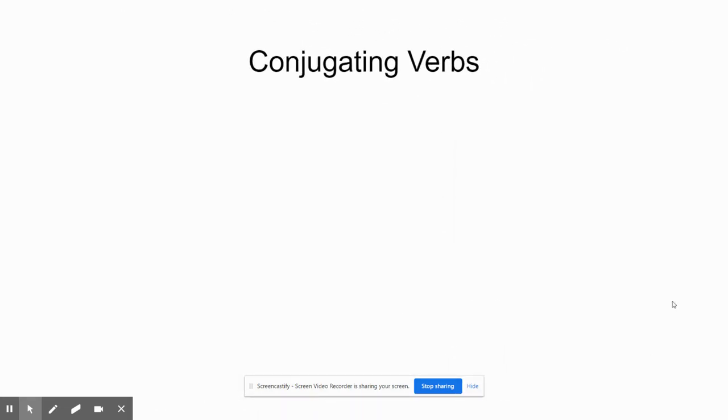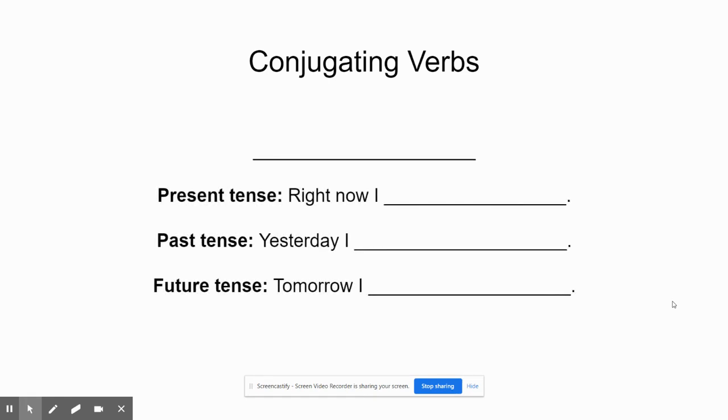Then conjugating verbs is the last thing we're going to do with today's lesson. Now, you have actually been doing some conjugating with Magister Reynolds for Latin, so this will be a little familiar, I think. So here's a look at the start for conjugating, and we're going to work today with the sample eat.